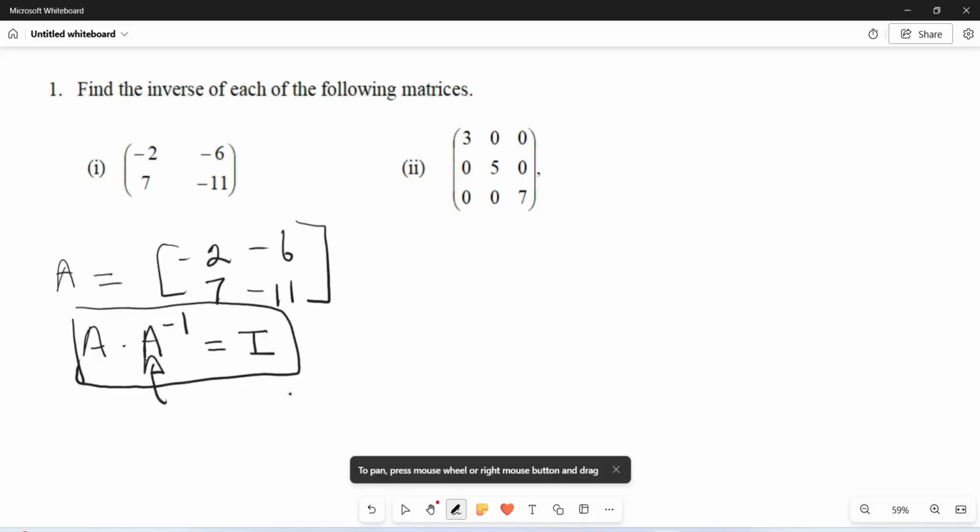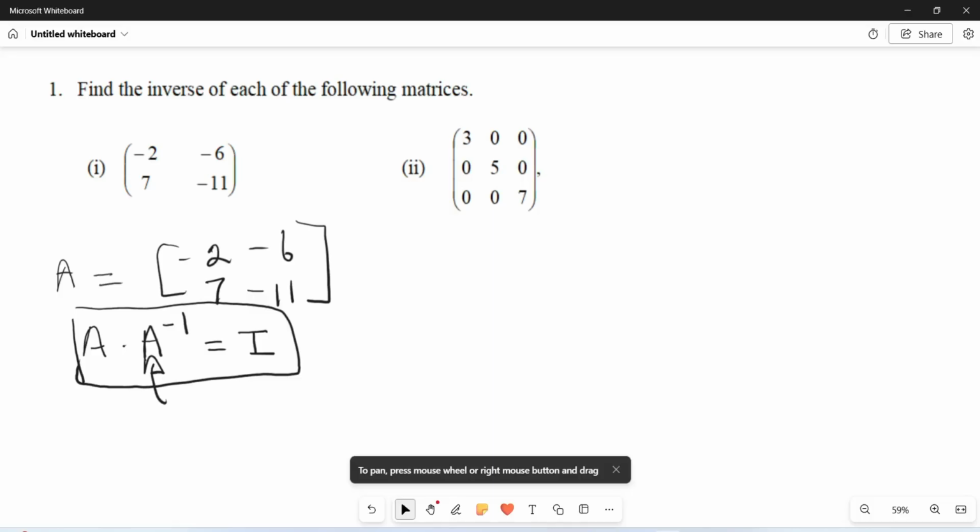So how do we get the inverse? First of all, you want to verify whether the inverse is available or not. How do we verify that? If an inverse is available for a matrix, the determinant of that matrix should be non-zero. That is the thing.